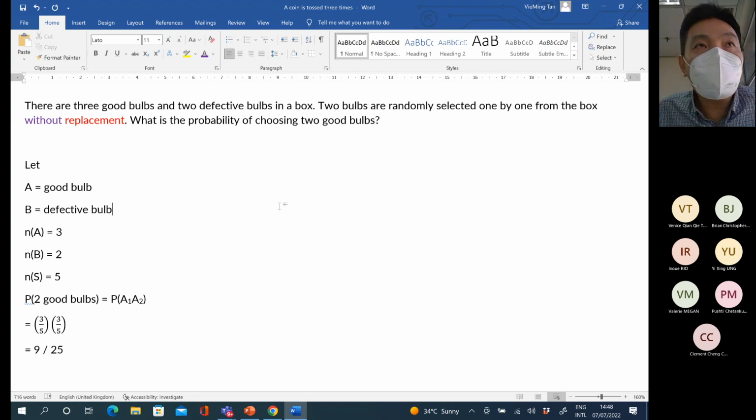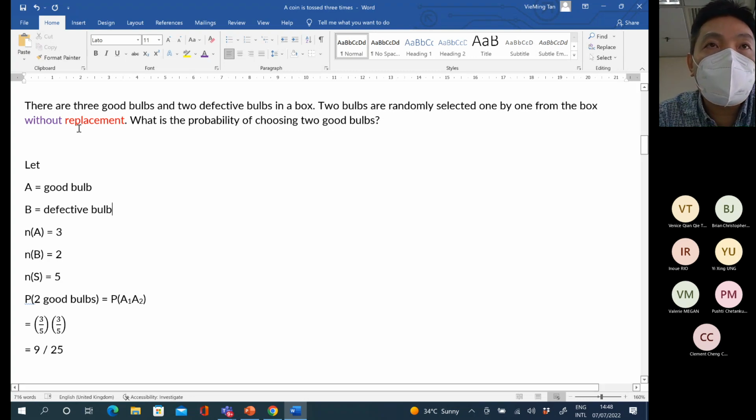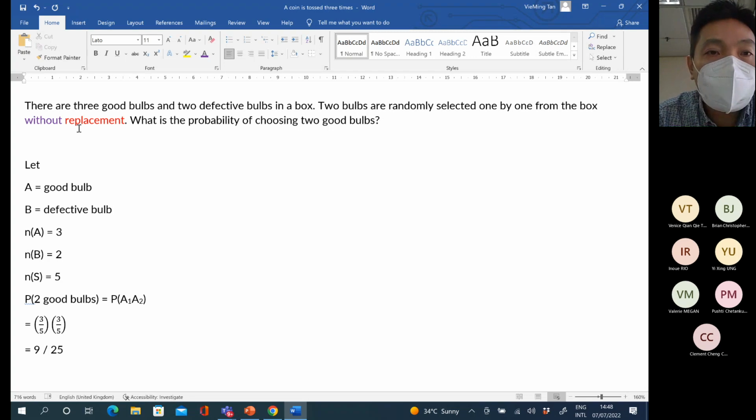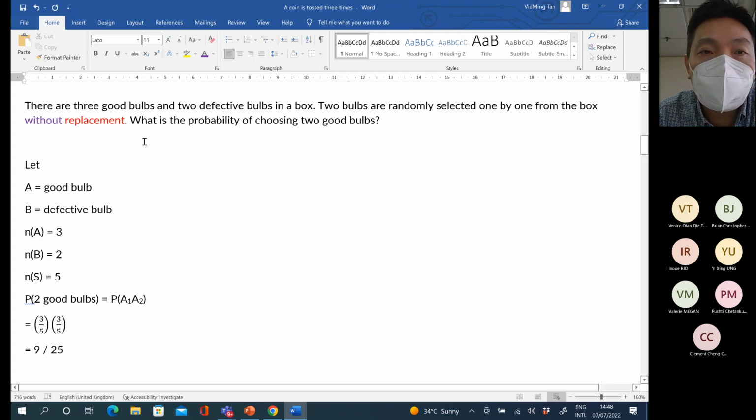If that's the case, what is going to happen? You may find that the second bug result depends on the result of the first bug. Without replacement means the result of the second bug depends on the result of the first bug. So that means this will involve dependent events. This question now becomes dependent events. So how to solve the problem now?